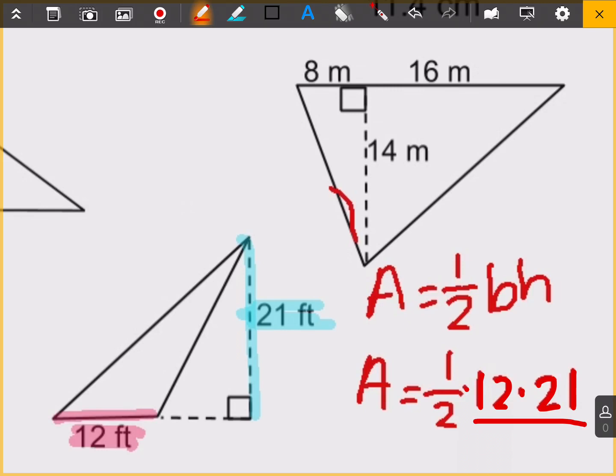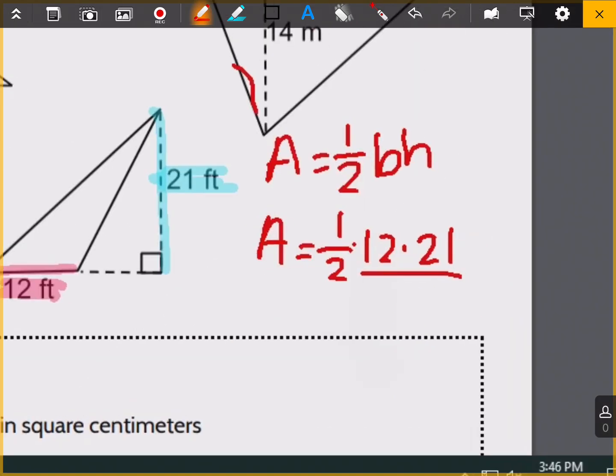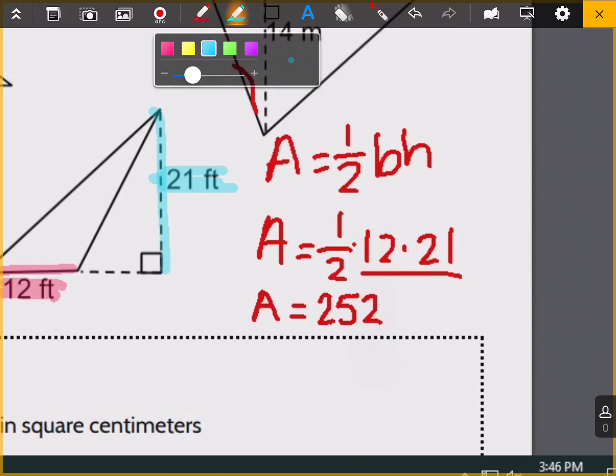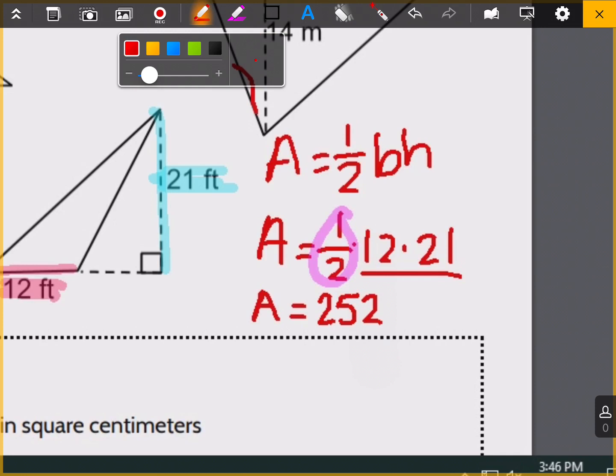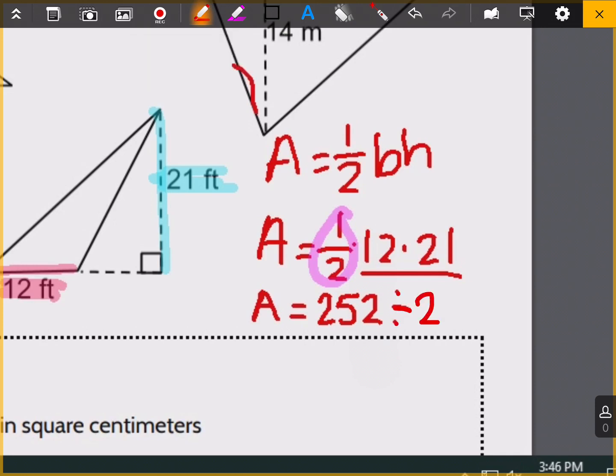I'm going to do base times height first. 12 times 21 equals 252. Now, because I have that 1/2, I have to make sure I do the very last and most important step, which is to divide by 2. When I divide by 2, I get 126. So my area is equal to 126.